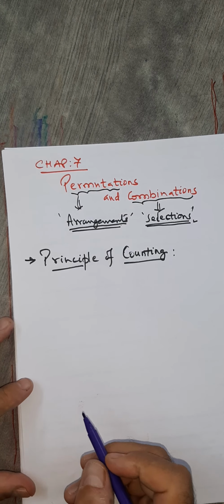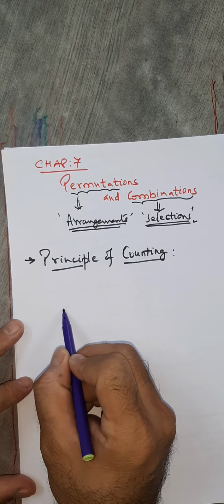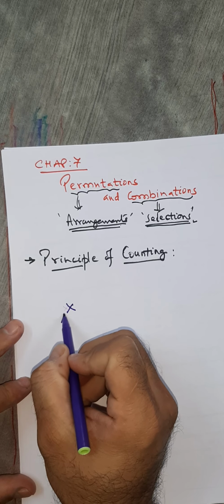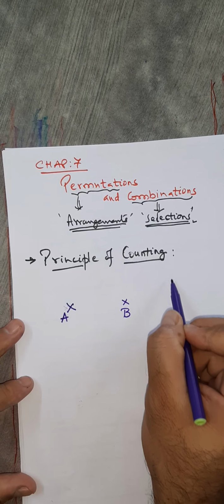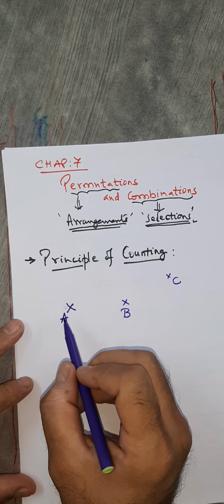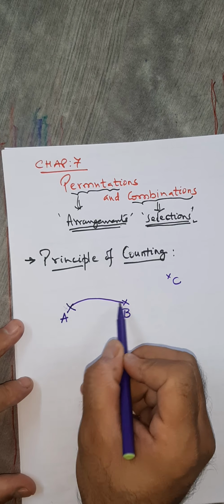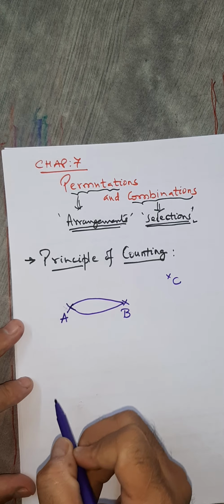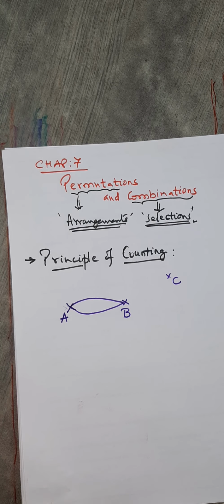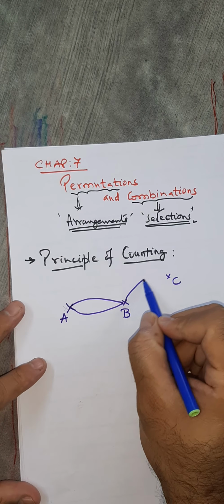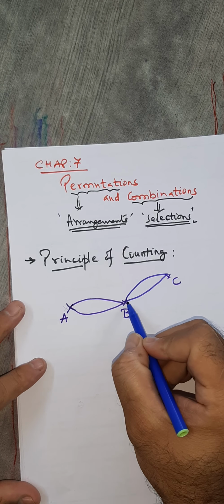If I take this simple example, you will realize. Suppose I have one place A here, another place B here, and one more place C here. Suppose there are two ways from A to B and three ways from B to C: way number 1, way number 2, and way number 3.